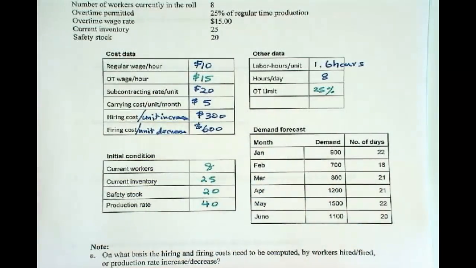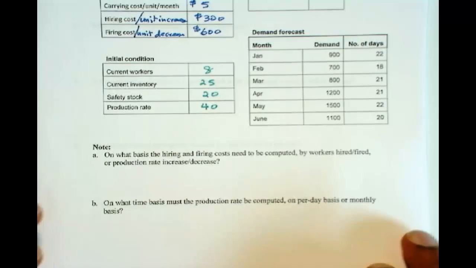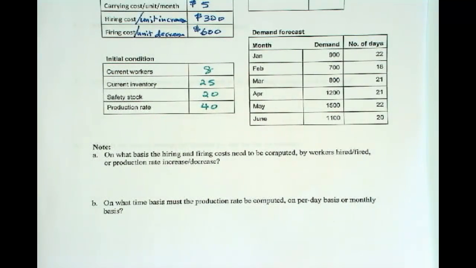Now here, one of the things that you need to note, and this is very important because this will determine how we have to compute our hiring and firing cost and how we have to compute the production rates.